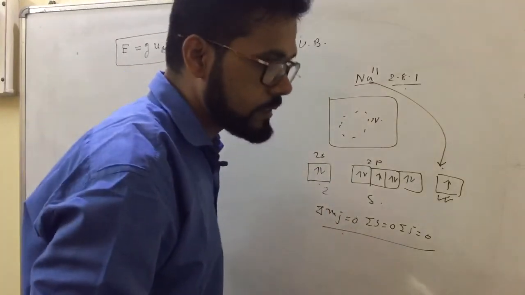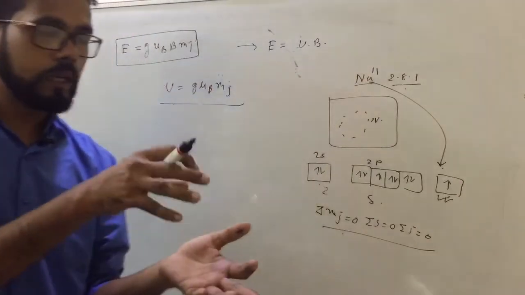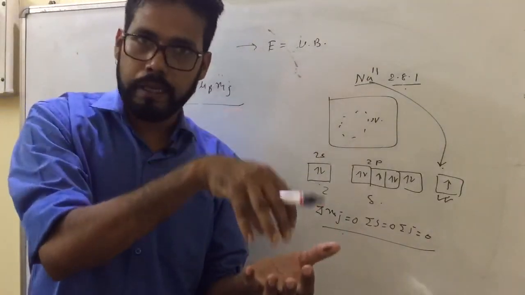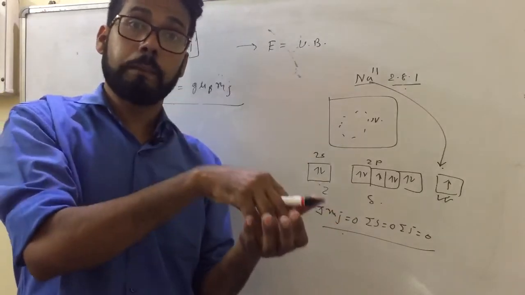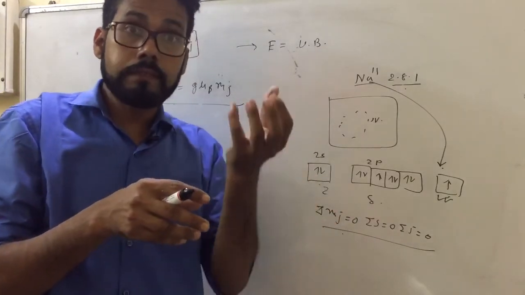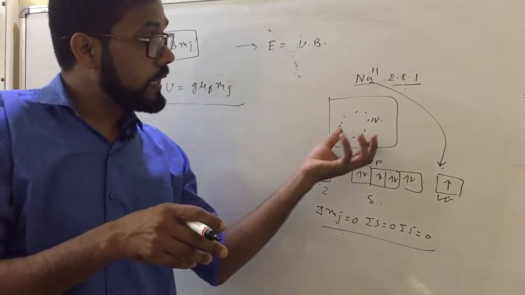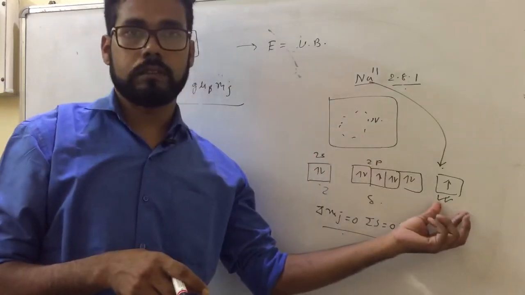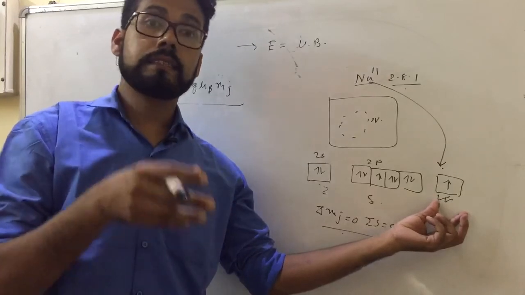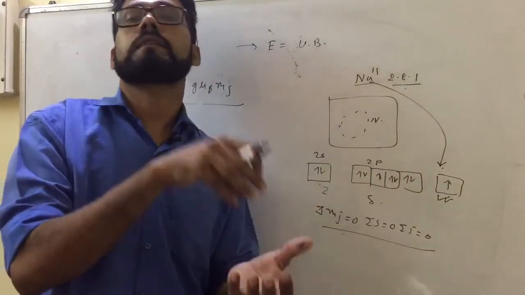So whenever you apply a magnetic field over any material, if the sample or medium has atoms with an odd number of electrons, then the material shows magnetic behavior.